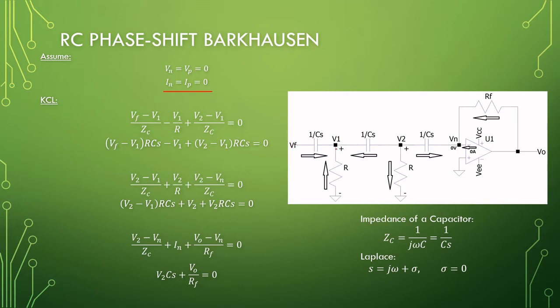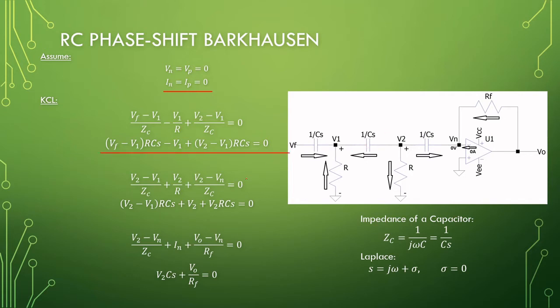So Vf minus V1 over the impedance here, so Zc. Zc is 1 over Cs. So what you see here is just a conversion from Zc to 1 over Cs, which becomes a multiplication. So this voltage minus that voltage divided by the impedance. Since this current is flowing upwards and we define our voltage as plus minus like this, minus V1 over R, and backwards from here V2 minus V1 over Zc.